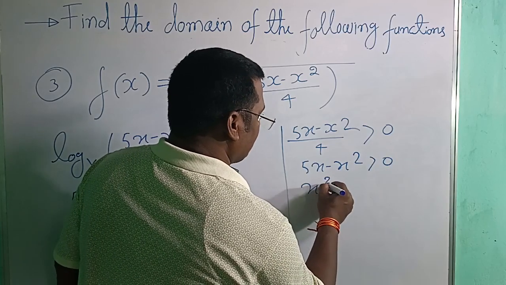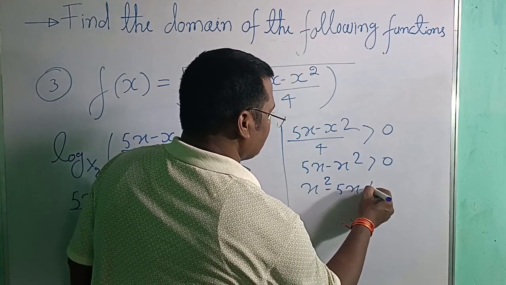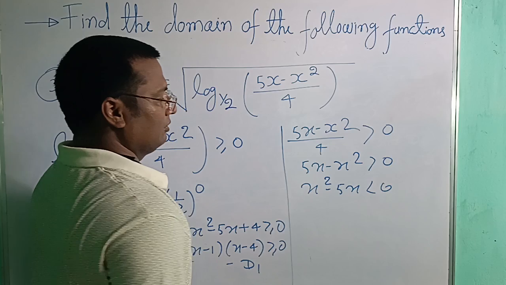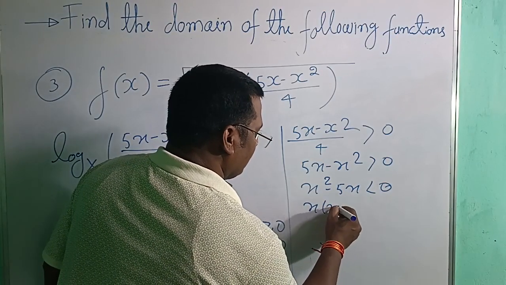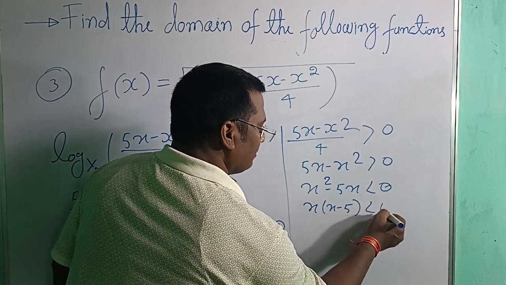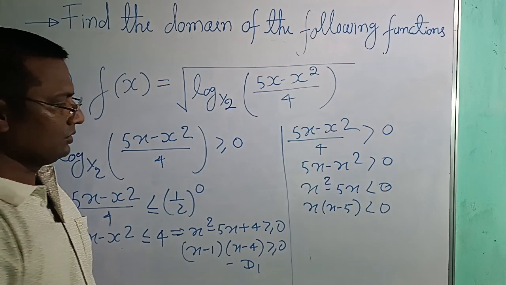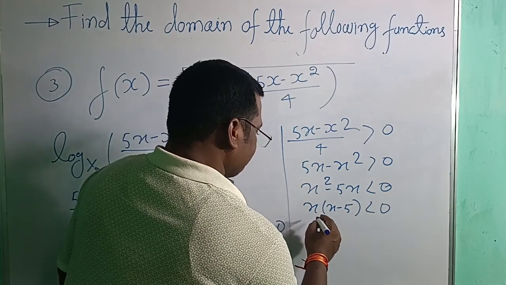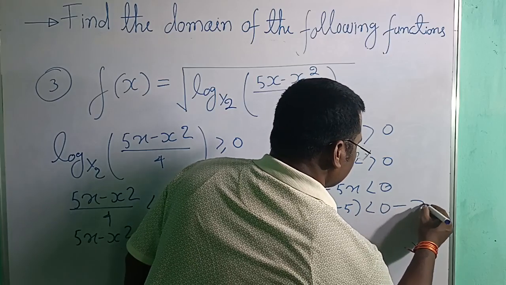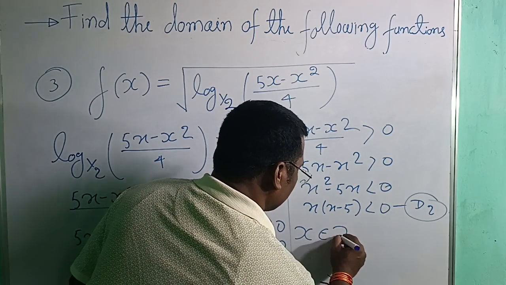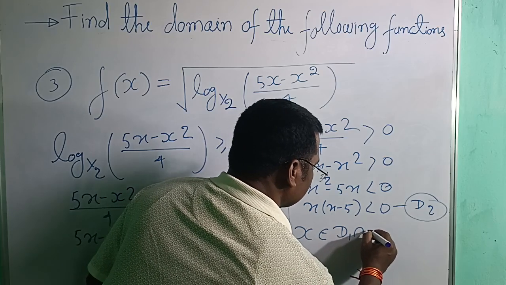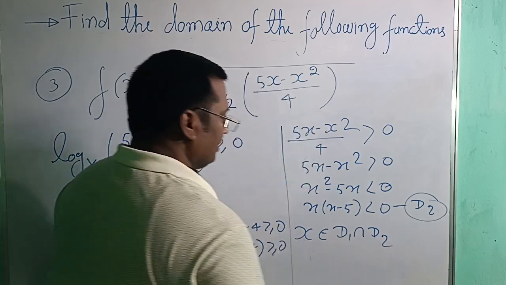So x square minus 5x less than 0. So x(x minus 5) less than 0. From this you can say this is D2. So the final answer: the domain belongs to D1 intersection D2.